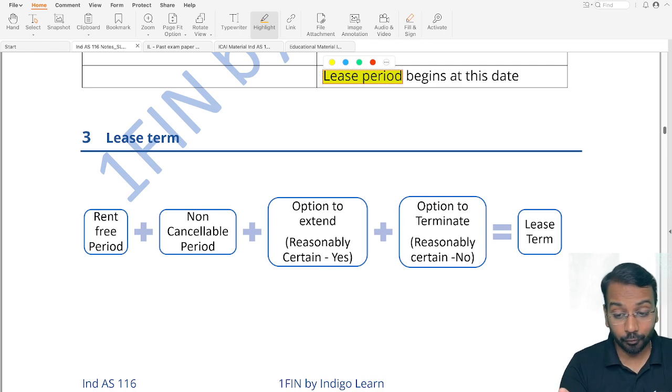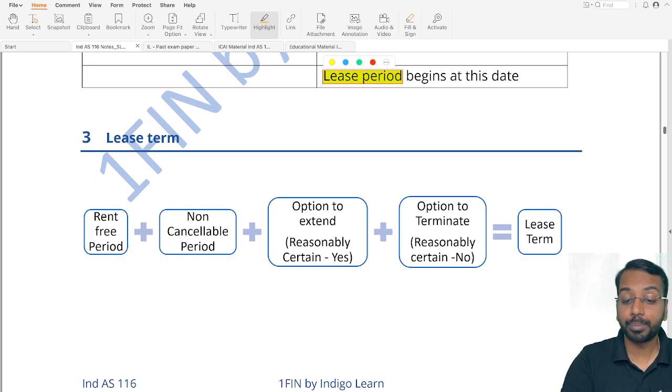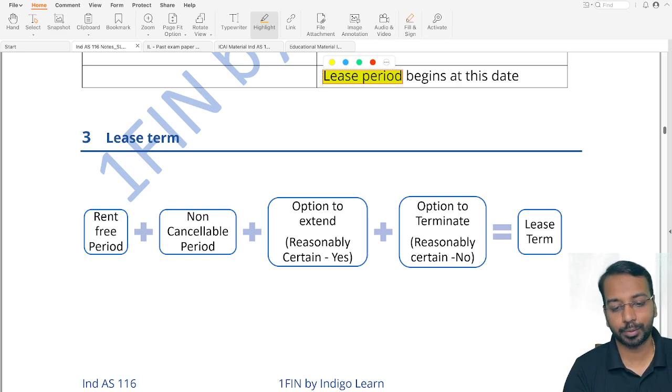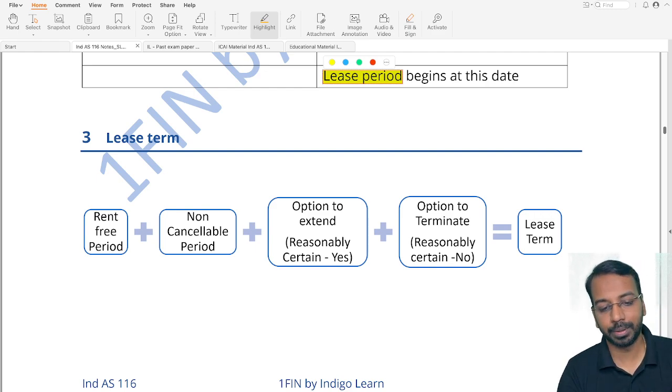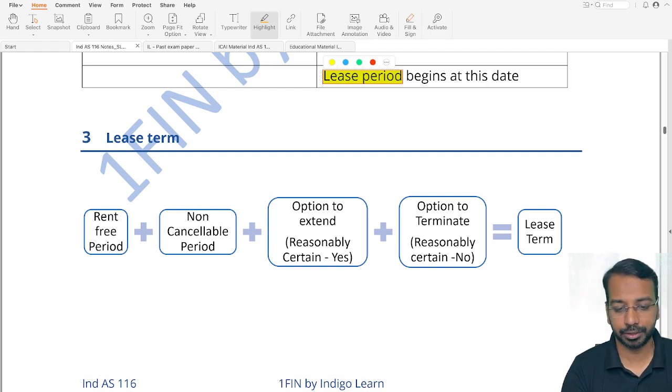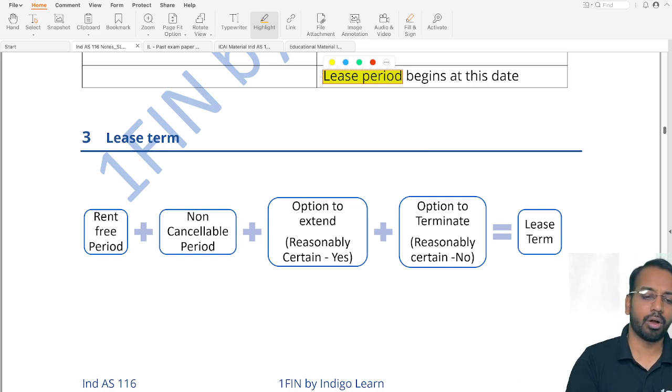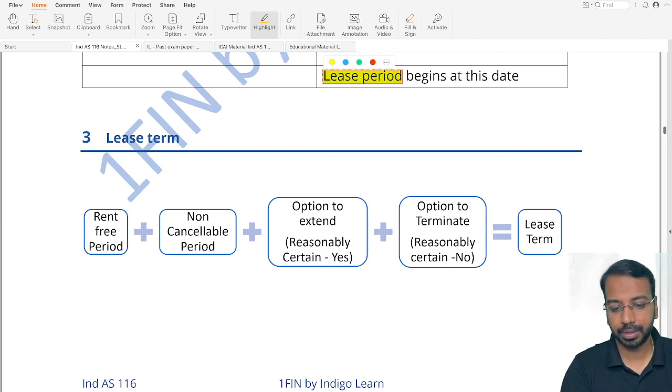Now, the fourth one, which is the most confusing one for most students, is the option to terminate. So, what is this option to terminate? See, I have a non-cancelable period of, let us say, 2 years, but the contract itself is for 3 years. Right now, even in this non-cancelable period of 2 years, after 1.5 years, I can terminate.